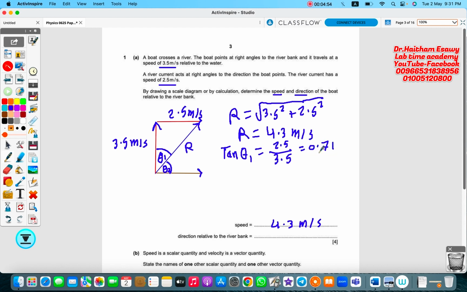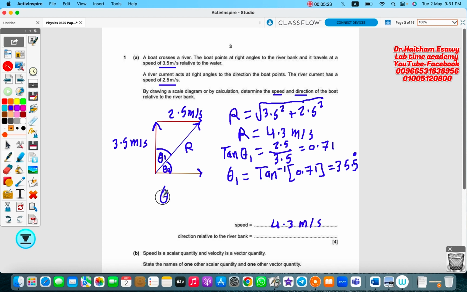So to get theta 1, it will be tan inverse of 0.71, okay, which will be equal to 35.5 degrees. So this is theta 1. How can I get theta 2?